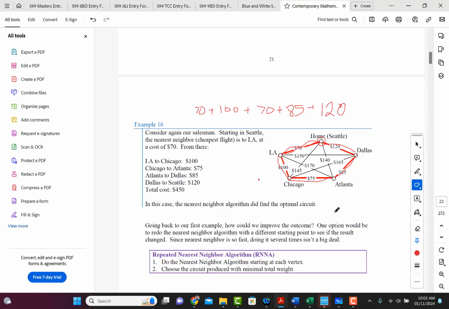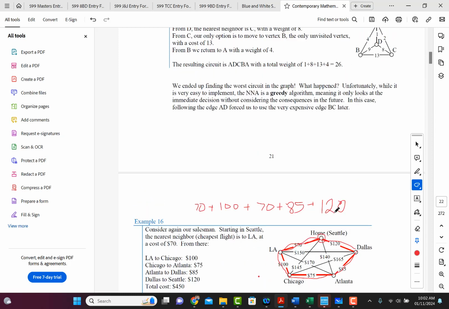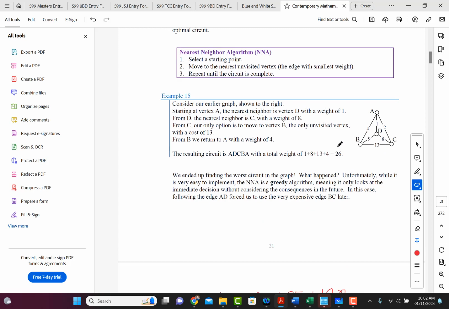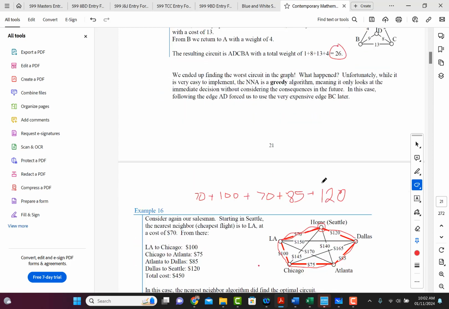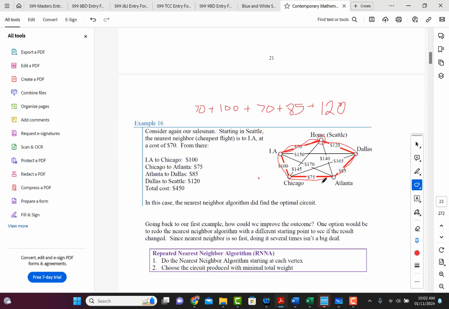Now, going back to our first example, the example up here where it gave us the worst one, how can we improve? Well, one way to improve it is to repeat the process with a different vertex, a different starting point, and see if the result changes or gets better.